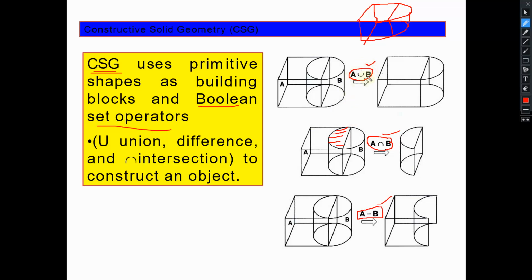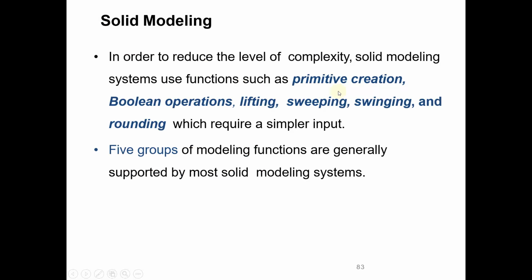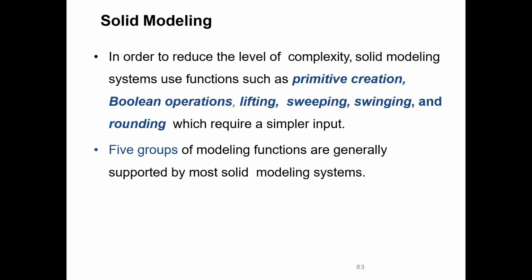So we use Boolean operators to either add, subtract, intersect, or unite different primitive blocks. Again, this is a time-consuming process, and if you have to create very complicated models, it will take a very good amount of time.